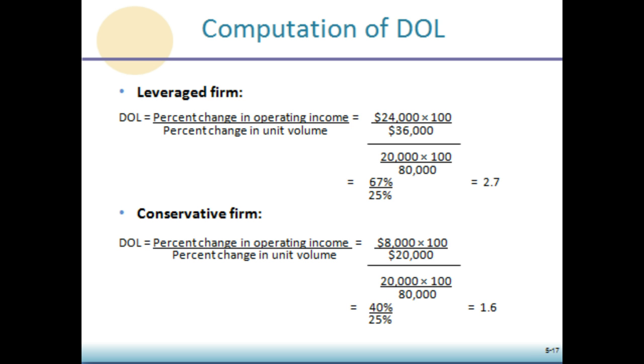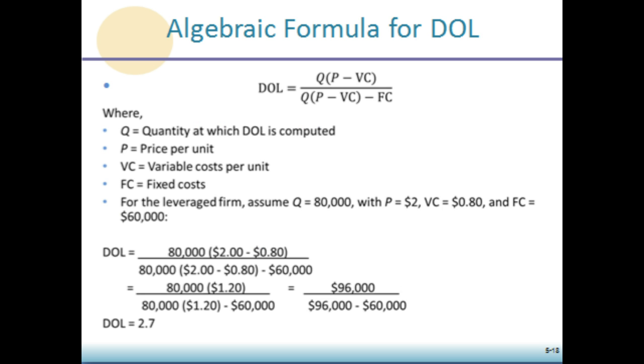Summary data is presented in your text in Table 5-4 and are drawn from Tables 5-2 and 5-3. Here we see an algebraic formula for degree of leverage for your review.